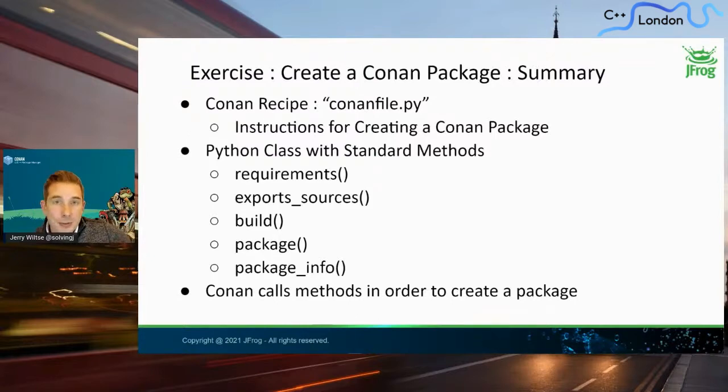It's a Python class with some standard method names: requirements for defining dependencies, export sources for defining what sources need to come into the build, a build method for defining how to invoke the build system, a package method for how to capture files from the build system, and a package info method which says these were the files and the folders that we captured, so that downstream consumer packages can link with the libs and include the headers and even find preprocessor definitions and other things as well. So this is the general structure of a Conan recipe.